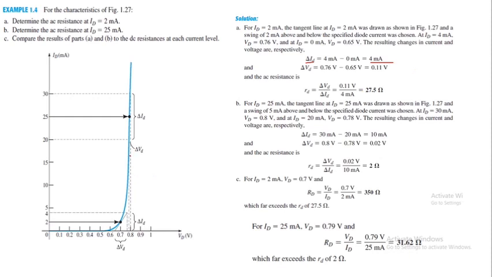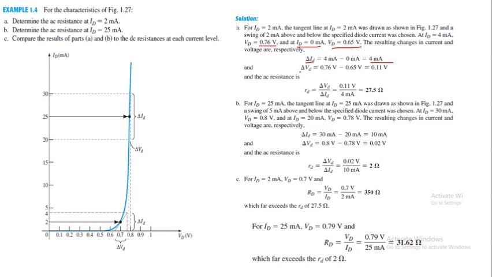Similarly, the corresponding values of VD: for 4 milliampere we will have VD equal to 0.76 volt, and for ID equal to 0 milliampere we will have 0.65 volt.